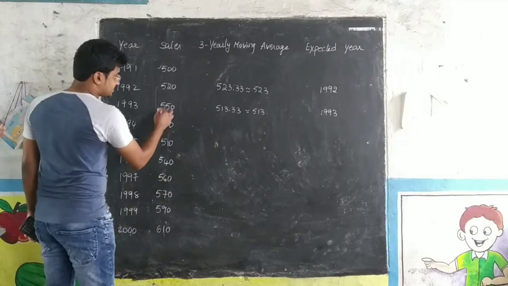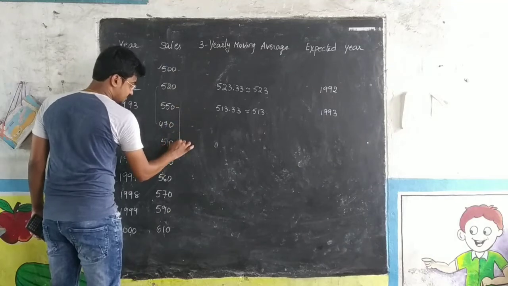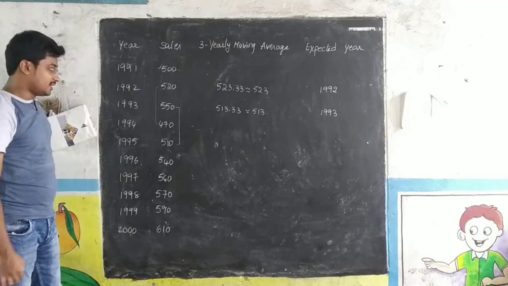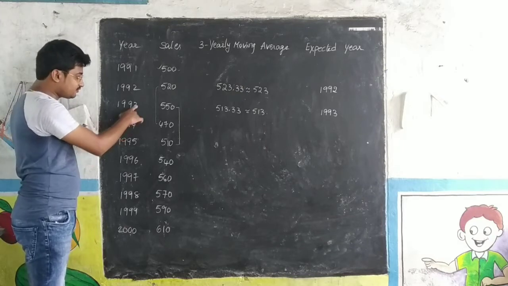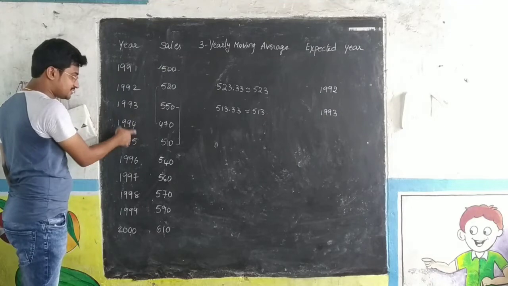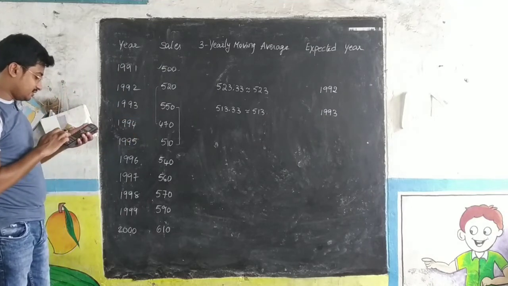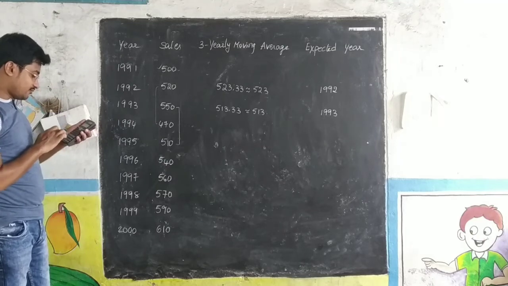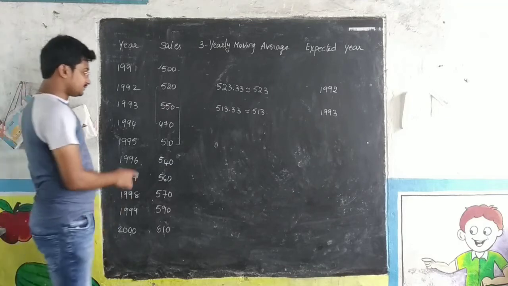Next 3 years, omitting the first 2 years' sales. The middle year is 1994. The average of 93, 94, 95 is 550 plus 470 plus 510 divided by 3.